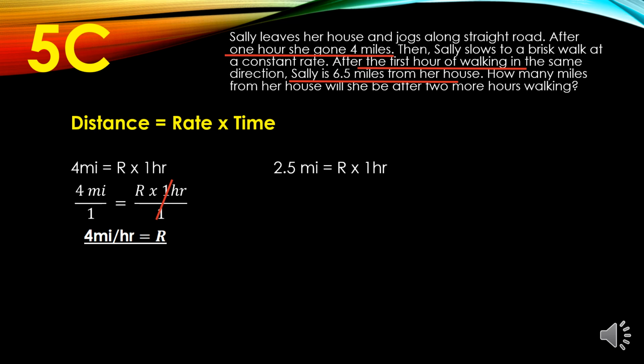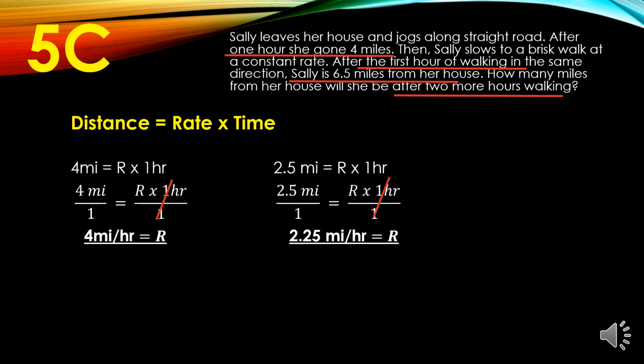How did I get the 2.5? Because she already had 4 miles of jogging, and after the first hour of walking she is at 6.5, so we subtract 4 from 6.5, which gives us 2.5. That's the distance she covered walking only. Same process, so she walks 2.5 miles per hour.